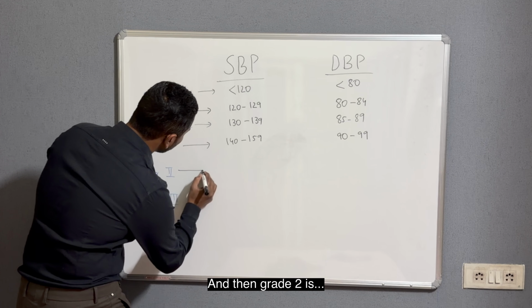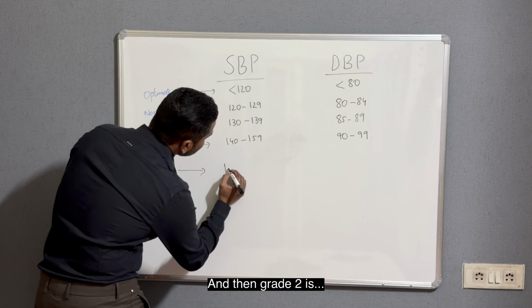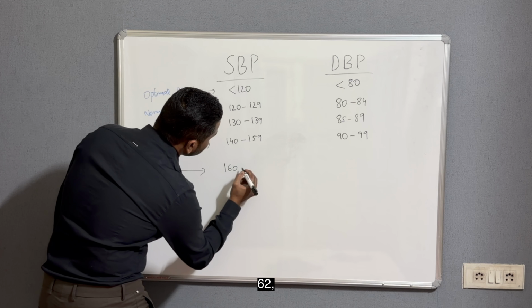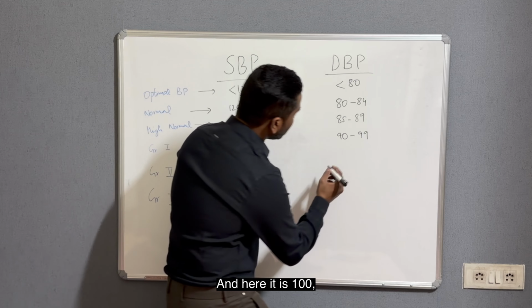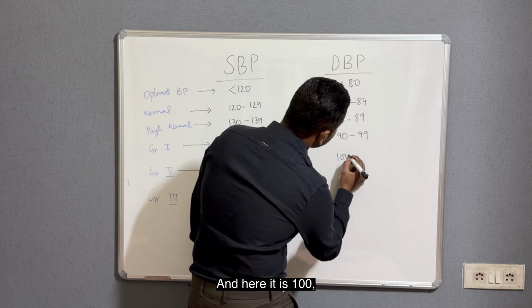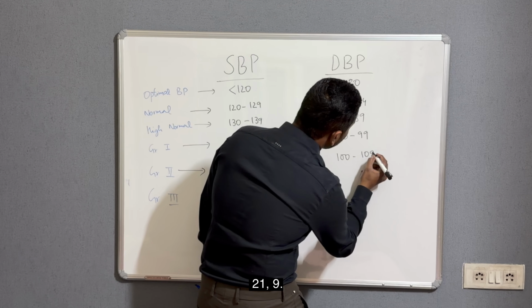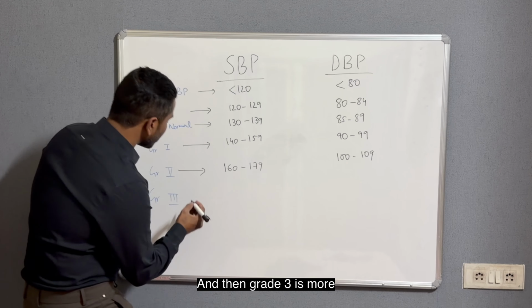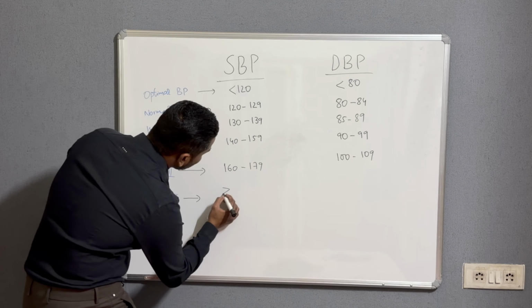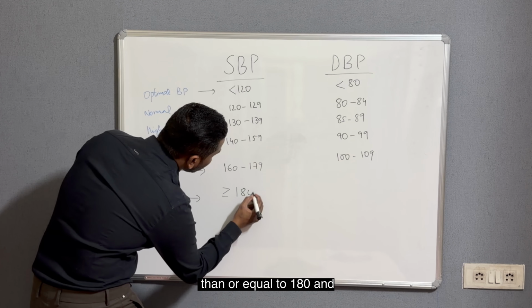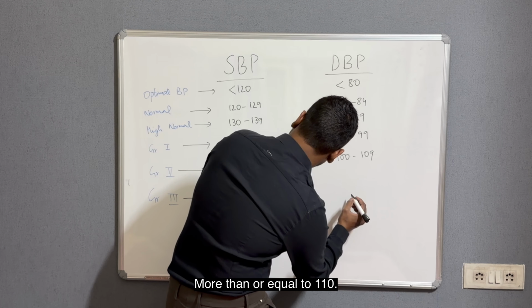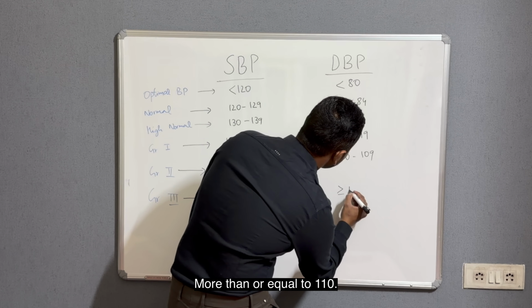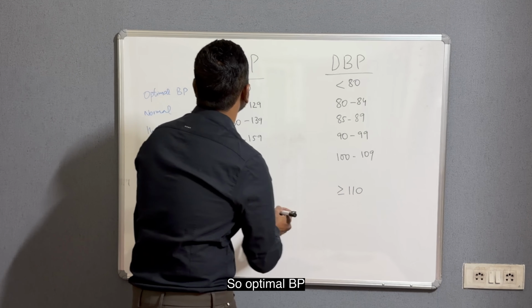And then grade 2 is 160 to 179, and here it is 100 to 109. And then grade 3 is more than or equal to 180, and here it is more than or equal to 110.